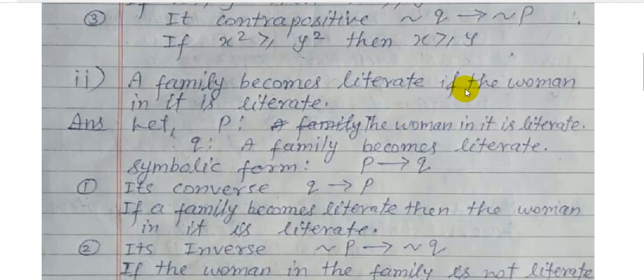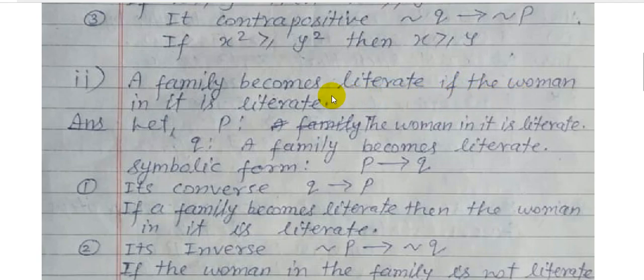Now see this: if the woman in it is literate is the first part of the statement, because if started from here, if the woman in it is literate, then a family becomes literate. You have to read like this from the beginning. For the symbolic form, you should start reading your statement from "if".